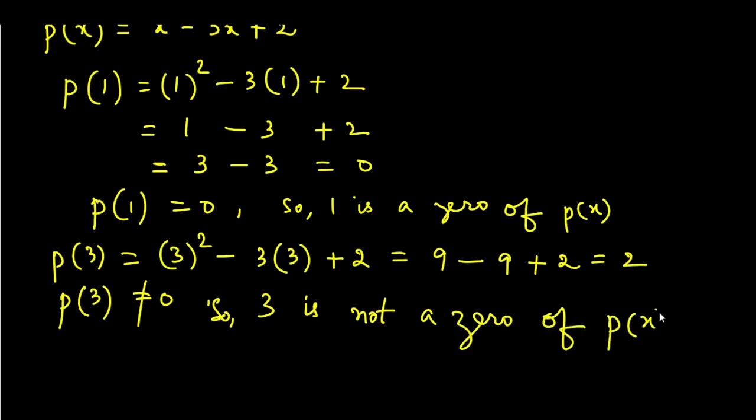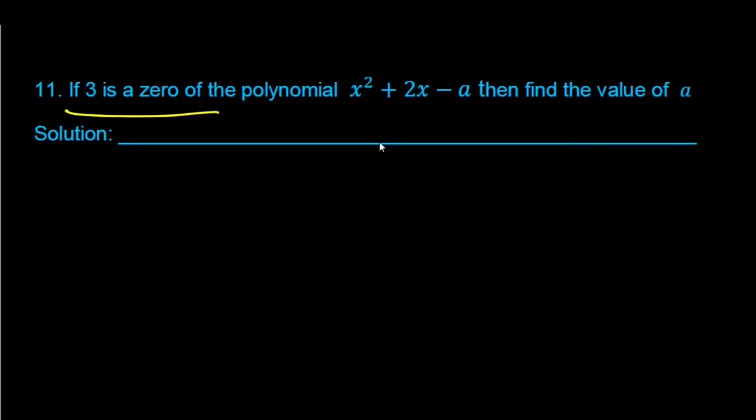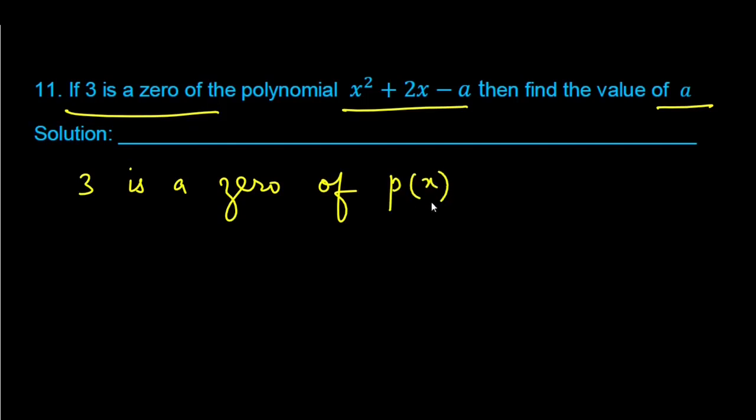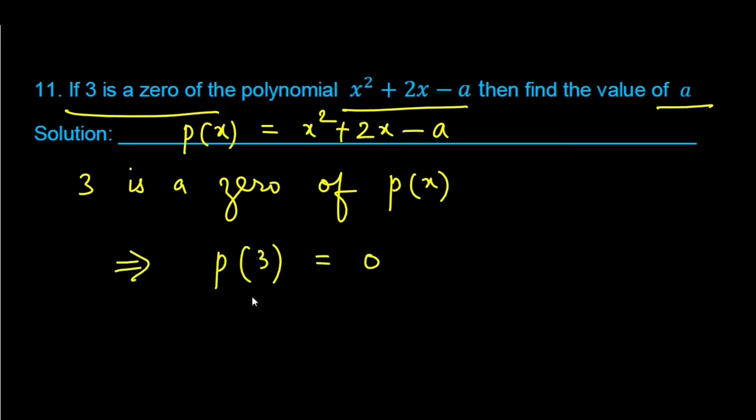If 3 is a 0 of the polynomial x square plus 2x minus a, then find the value of a. 3 is the 0 of P of x. Here P of x is equal to x square plus 2x minus a. 3 is a 0. That means p of 3 is equal to 0.